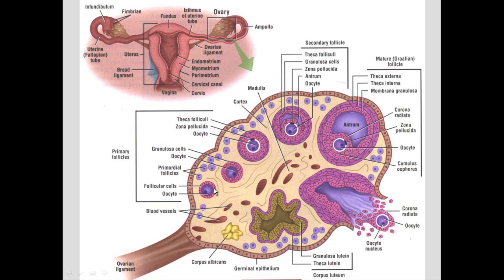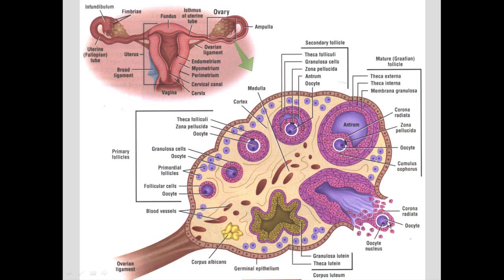go to a primary, which will have the flattened cells become cubes, and that can be multiple layer or single, and then finally you have a secondary follicle whenever you have an antrum located in through there. You see the cavities forming, and then the mature follicle. We have a big cavity here, and the egg is located here.